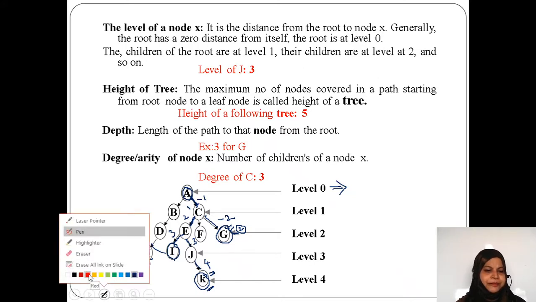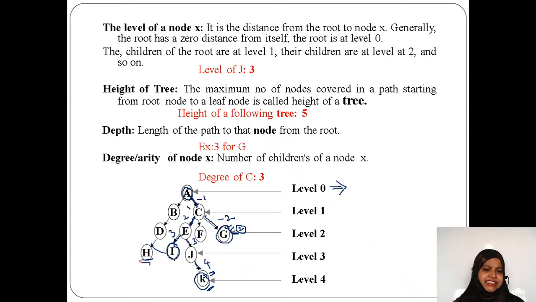For example, for this H: A to B 1, B to D 2, D to H 3. So the height for this H is 3. For this I it is also 3. For this J it is also 3. For this F, 1, 2. For this G, 1 and 2, right?